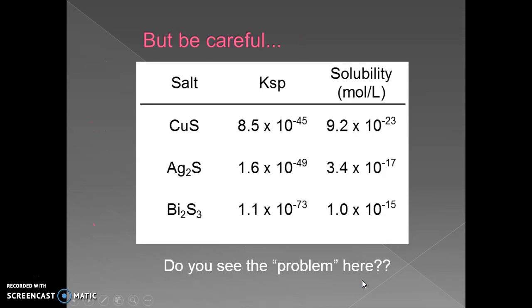However, if you look at a situation like this, you look at the Ksps and you think, oh, well, Bi2S3 has a much lower Ksp, which means it's less soluble. But you've got to remember how many ions you're getting. Here you're getting 2, here you're getting 3, here you're getting 5.